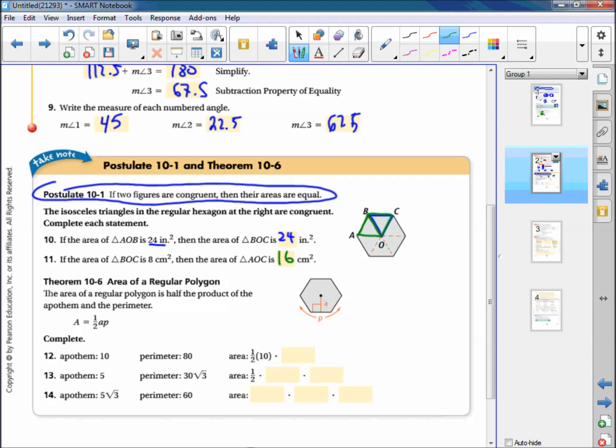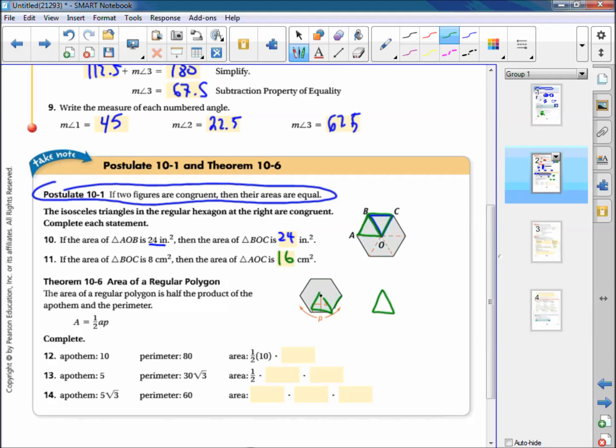So the area of a regular polygon is half the product of the apothem and the perimeter. Okay. All right, so let's see why this works before we start doing a problem with it. So what's going on here is we had this shape, a regular polygon. Okay, this part is right here, that isosceles triangle.